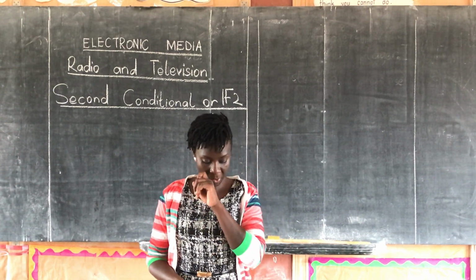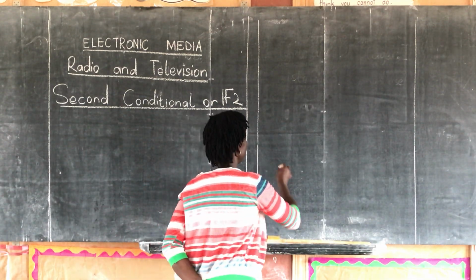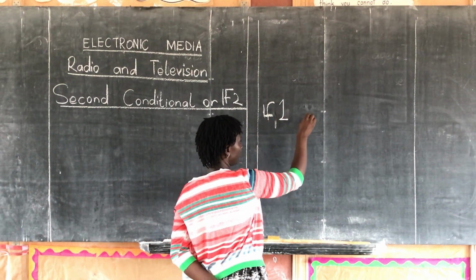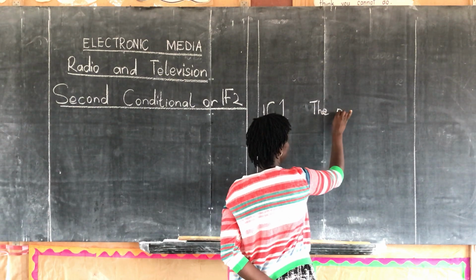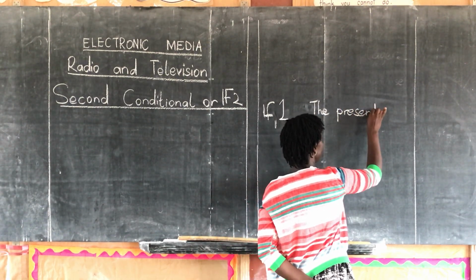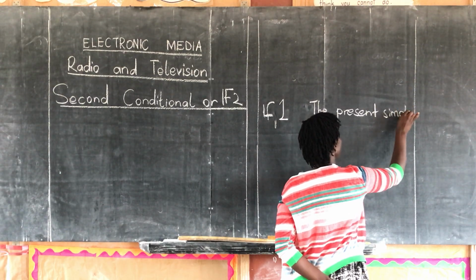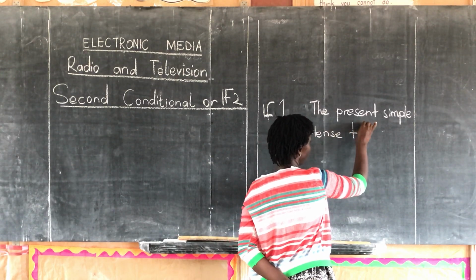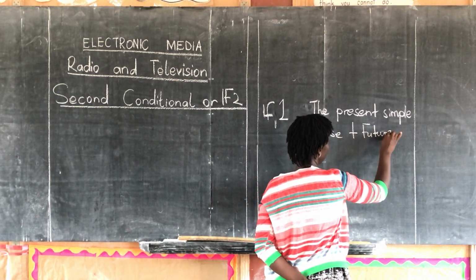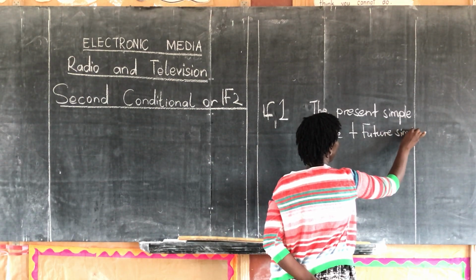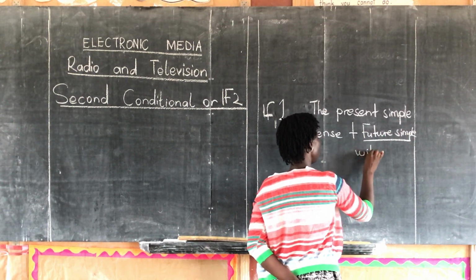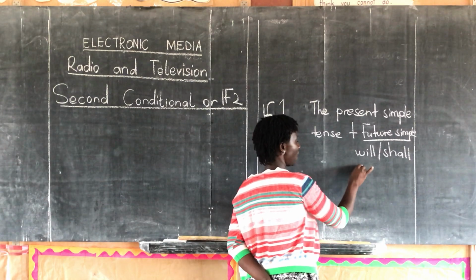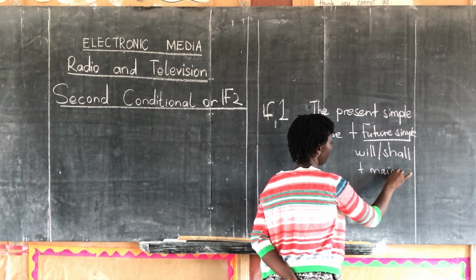And we said that when looking at the if one, if one takes the present simple tense plus the future simple, which is will or shall, plus a main verb.